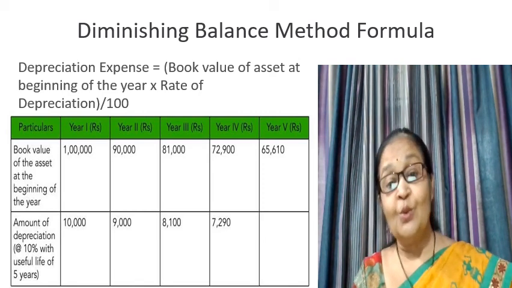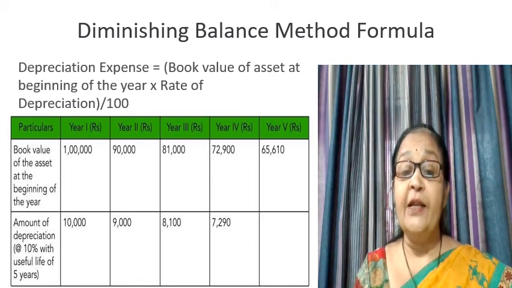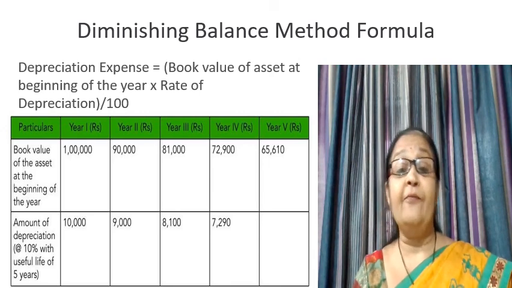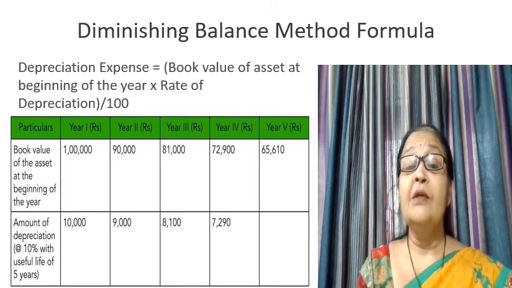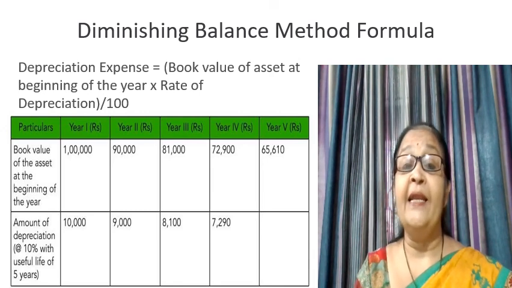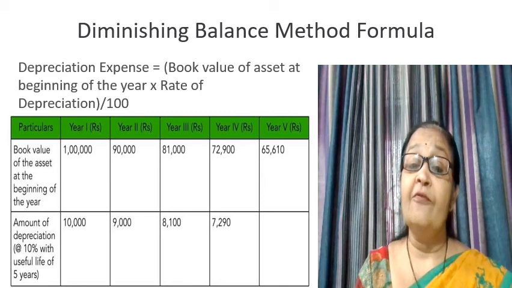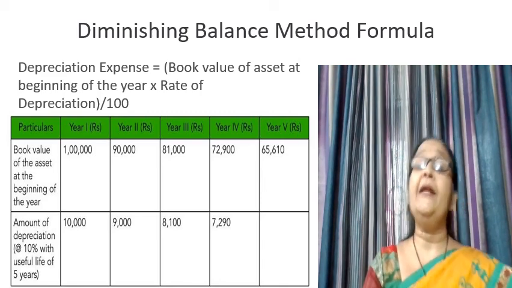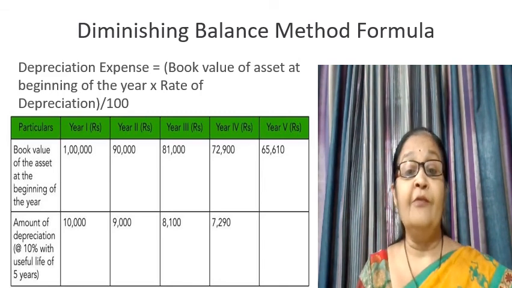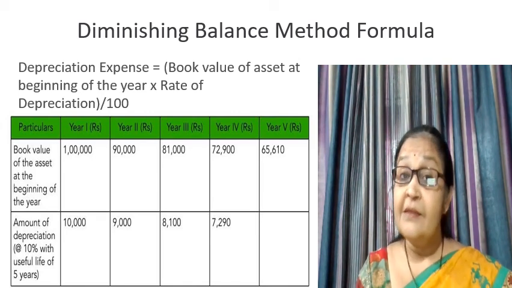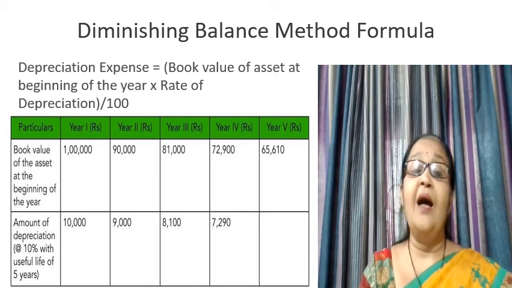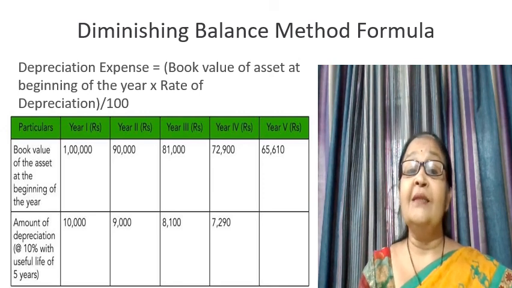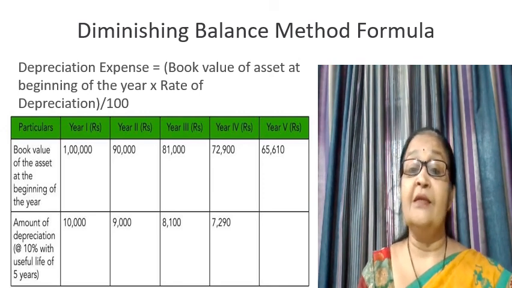We have 7,290. If we reduce 7,290 from the year 4 book value, we have 65,610 at the beginning of year 5. Again, we apply 10% for year 5. We have 6,561 as the depreciation value. So this is how we use the diminishing balance method formula.